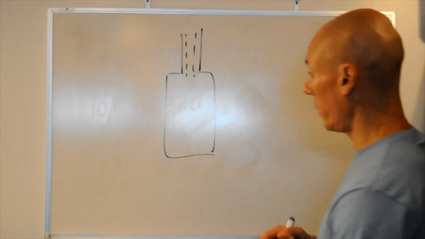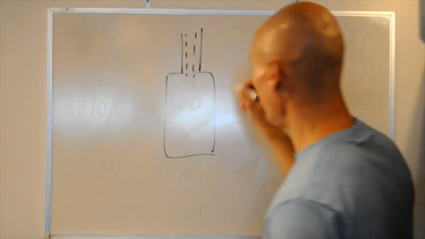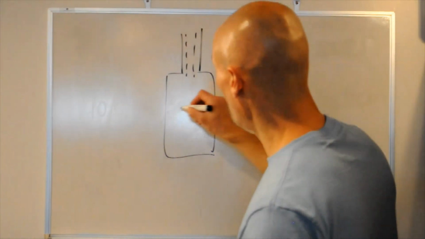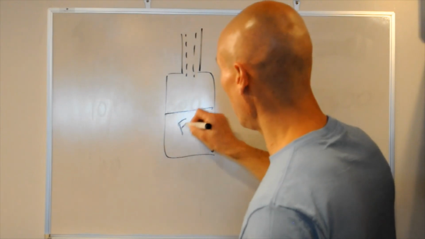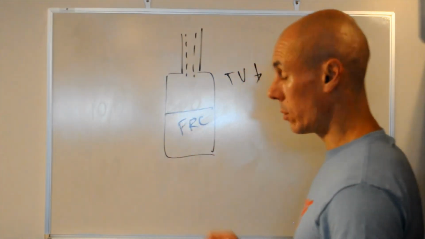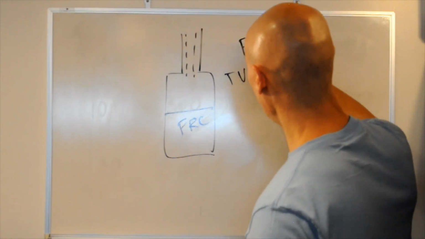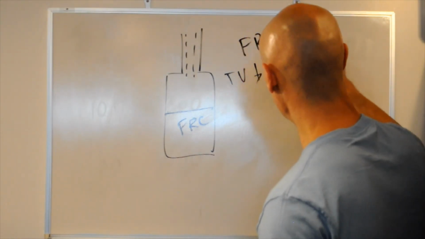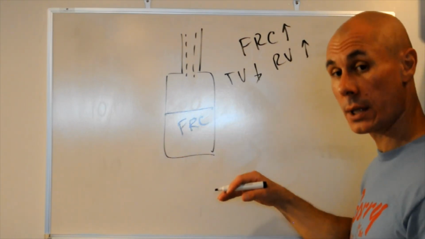So what you end up with is your tidal volume will probably decrease because you can't inhale as much. What's going to increase is your functional residual capacity, FRC, okay, which is expiratory reserve volume and residual volume. So your FRC will go up. So residual volume will go up. More air will remain in the lung all the time.